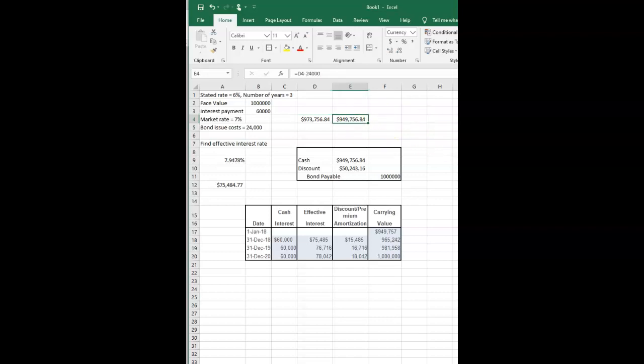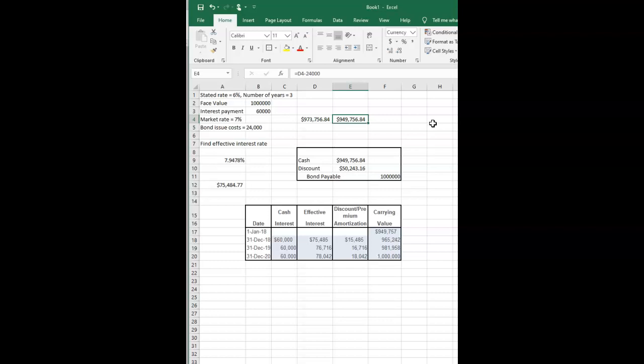So we subtract 24,000 from that first number and we'll get the cash that we're going to receive from the financial institution that's taking care of our bond issue. So we'll get a check from them for the 949 number, and then the bond payable has to be at 1 million, and discount is then a plug figure, simply the 1 million minus the cash amount.